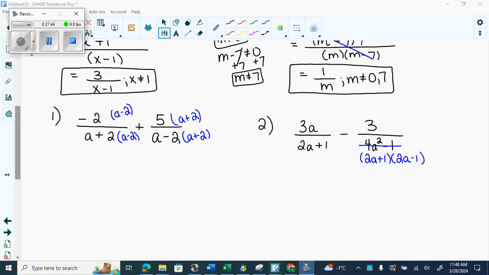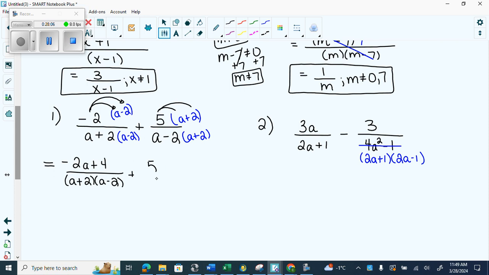So, we have a common base. We're going to write it and distribute negative 2a. Minus times a minus is plus 4 over a plus 2, a minus 2, plus 5a plus 10 over a plus 2, a minus 2.